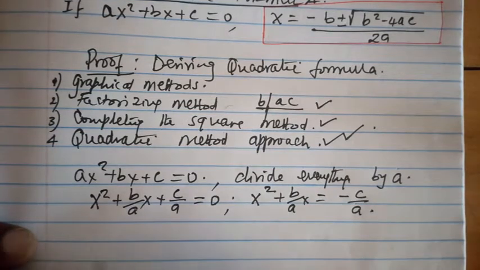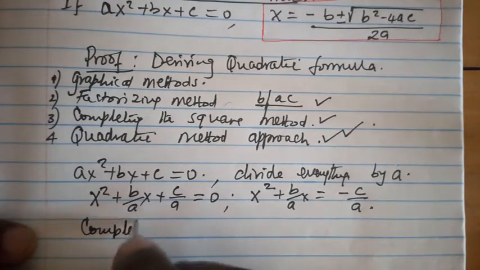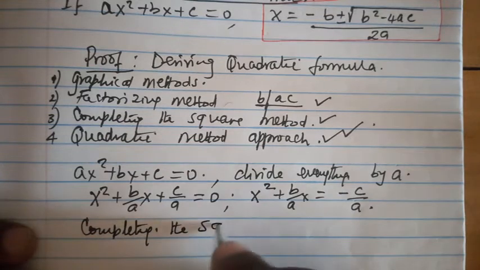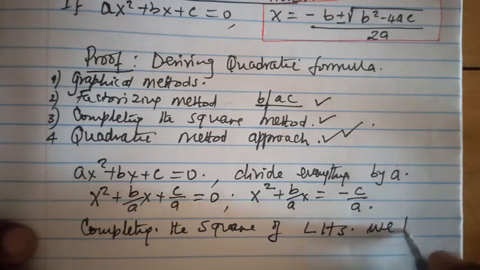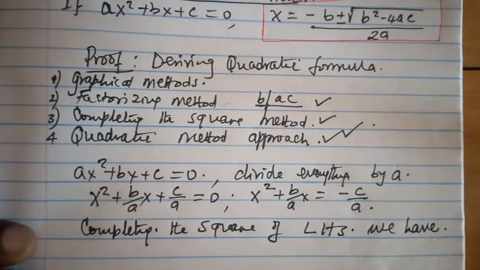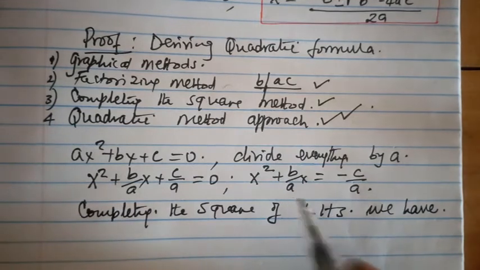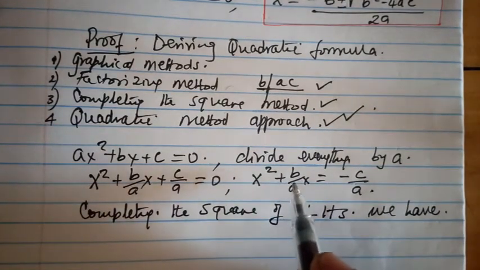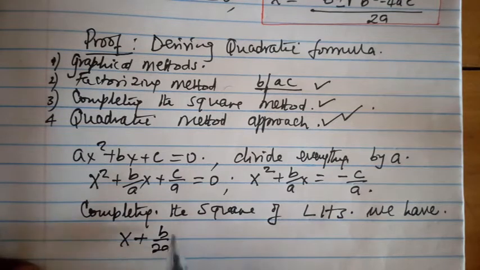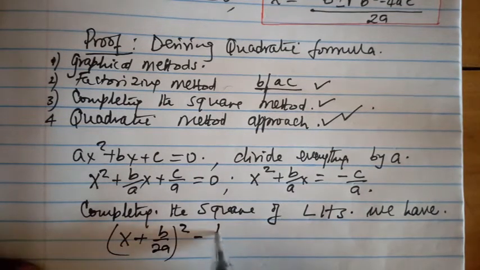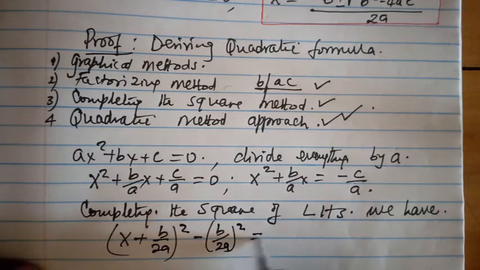Completing the square of the left-hand side, our b happens to be b over a, so we have x plus b over a over 2, which is b over 2a, squared, minus b over 2a squared is equal to minus c over a.